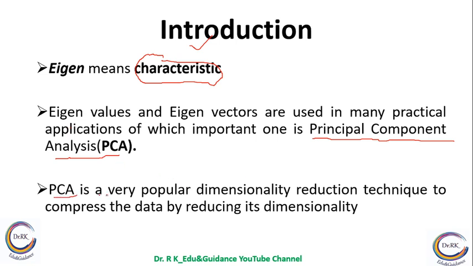PCA is popular because it is a dimensionality reduction technique. It helps us reduce the dimensions of the data, that is, compress the data. So why do we need to compress data?